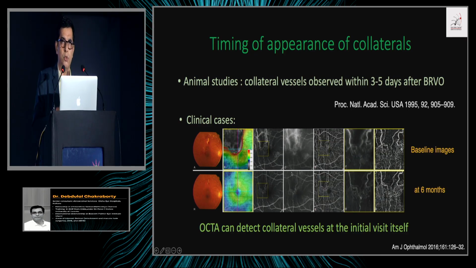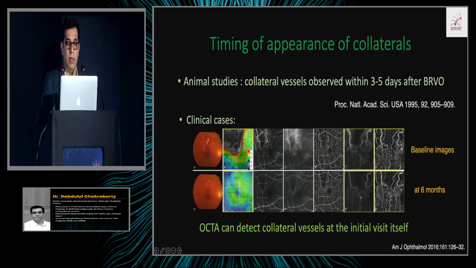So when do you expect to see collaterals? In animal studies, you can expect to see them in 3 to 5 days. These are young retinas, not disturbed by hypertension or atherosclerosis. But in clinical cases, if you have the right equipment, if you have OCTA, then you can jolly well see them in the first visit, which might not be the day the BRVO or the CRVO has developed.